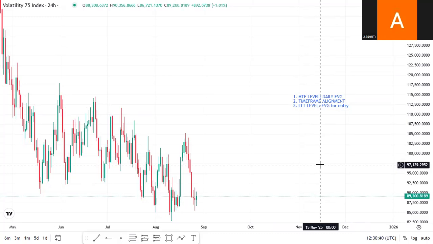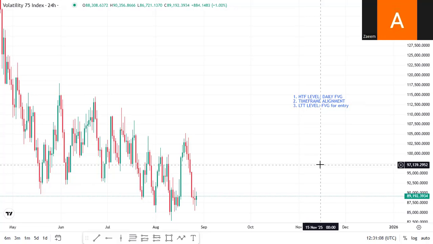Everything in life follows time. So it is always time, then price. For the fact that it is synthetic doesn't mean it doesn't follow time. It follows time. And the best time for volatility is anything from 7 a.m. to 11 a.m. That's where you have more movement.